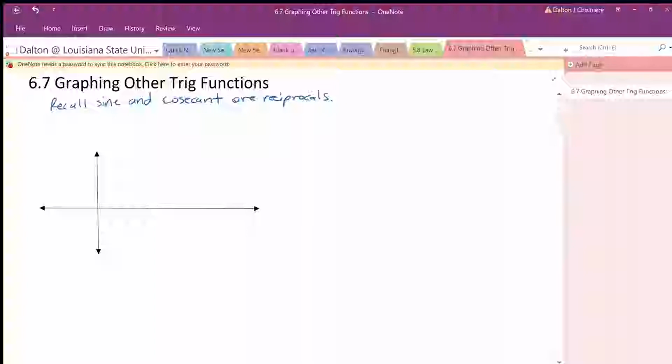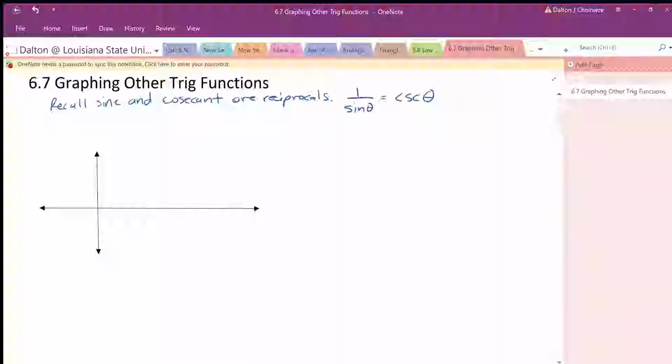In other words, 1 over the sine of theta is how we define the cosecant of theta. So if we know how to graph the sine function, then we can use that and what we know about the property of reciprocals to graph the cosecant function.